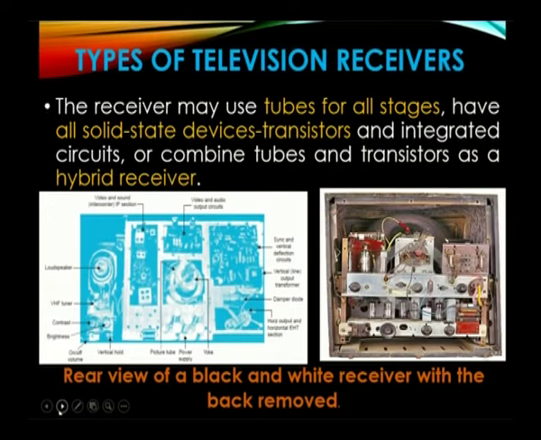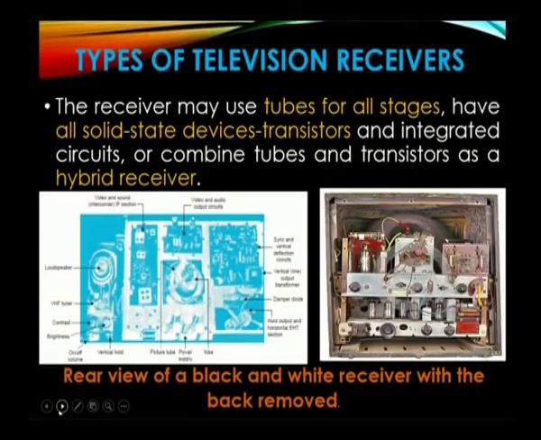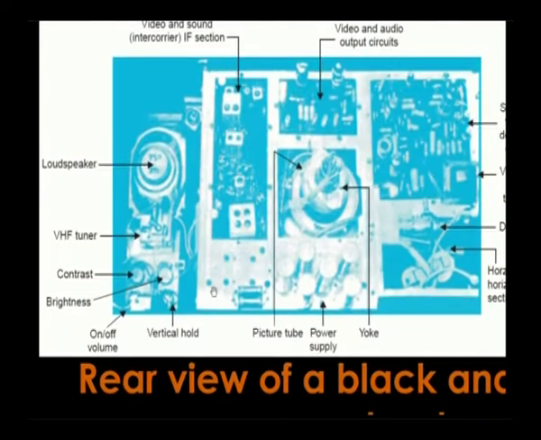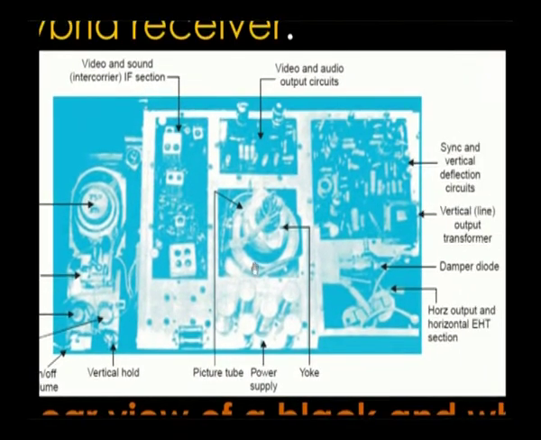And the third type is a combination, a hybrid form of tubes along with transistors, that is called a hybrid receiver. So, this is how the receiver evolved from using only tubes to using only transistors. In the picture we can easily recognize some of the parts of a receiver section.